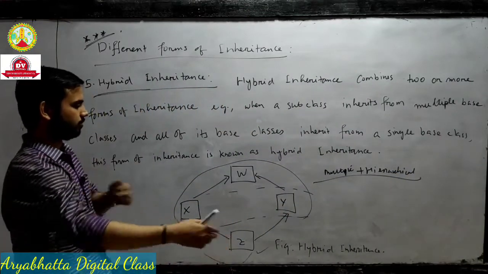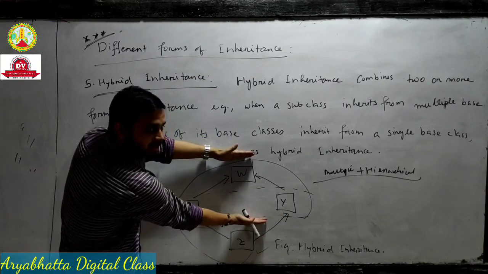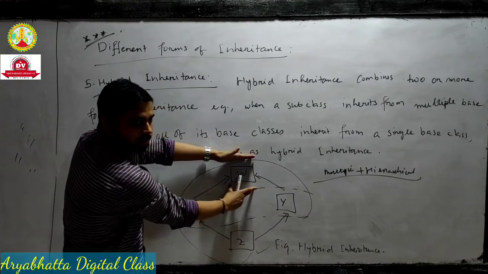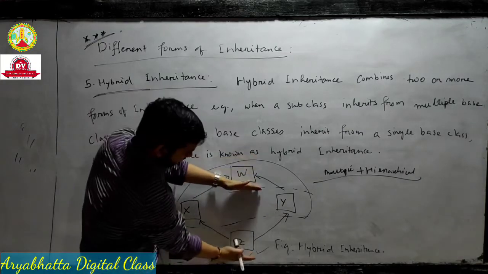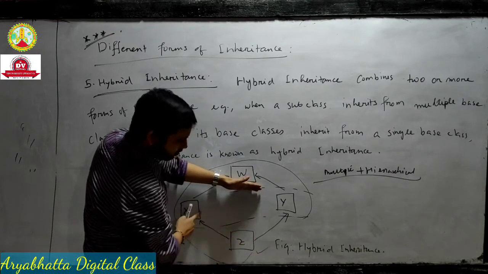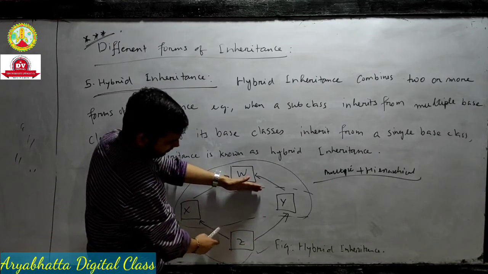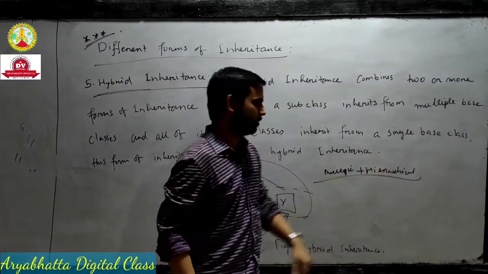This part is multiple: one base class, two derived classes or subclasses. And this part, two base classes and one derived class, is hierarchical. And this is the combination of multiple and hierarchical.